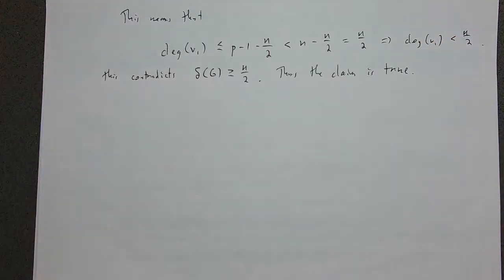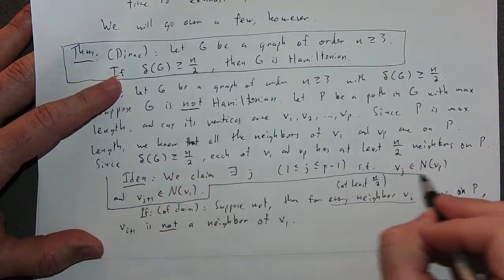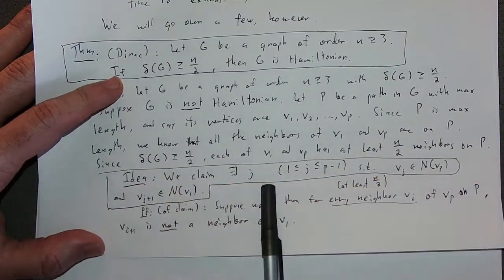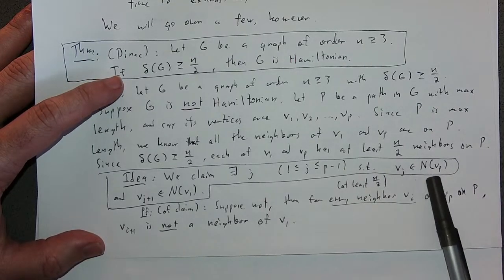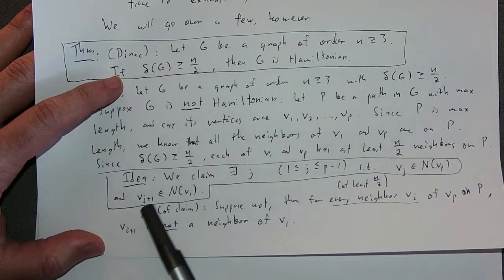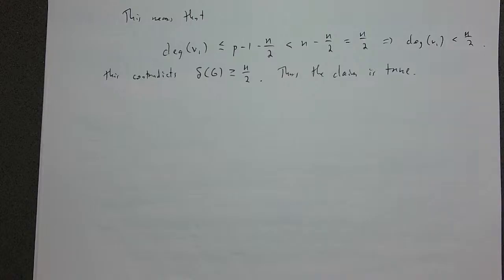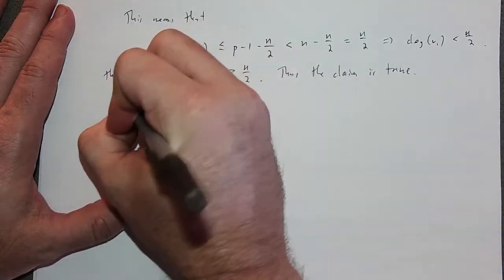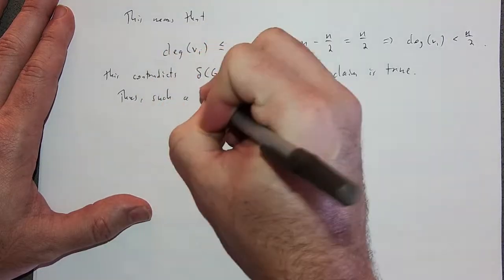Remind us, what is the claim? That there exists some index j such that v sub j is in the open neighborhood of v sub p, and v sub j plus 1 is in the open neighborhood of v sub 1. Okay. Thus, such a j exists.